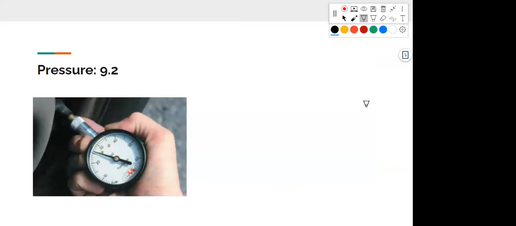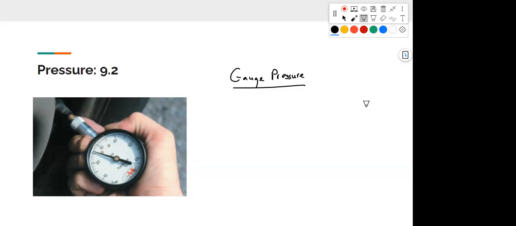Okay, so I put a pressure gauge here to remind us of a useful idea, which is gauge pressure. If you go to the store and buy a tire pressure gauge, and you hold it in front of you in the atmosphere where there is 100,000 PSI of pressure, it'll say 0, right? And that's for a good reason.